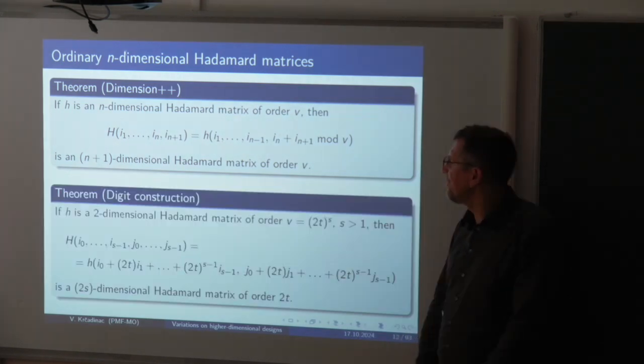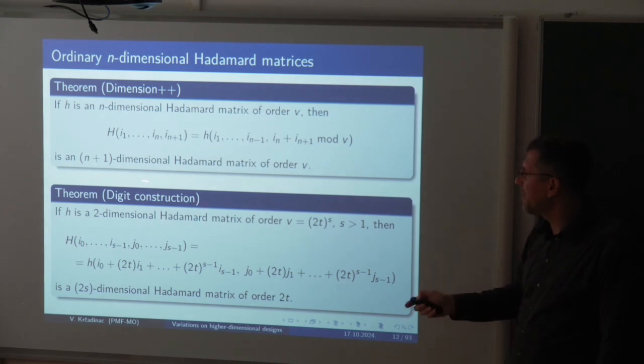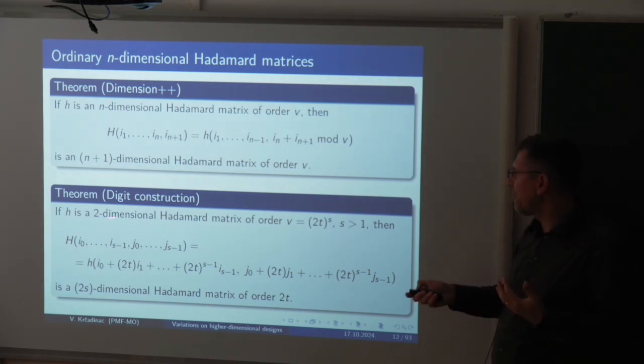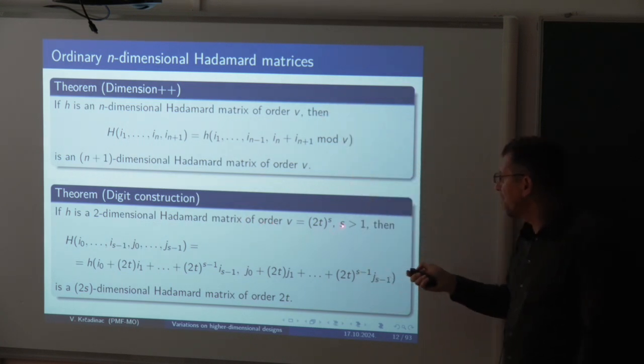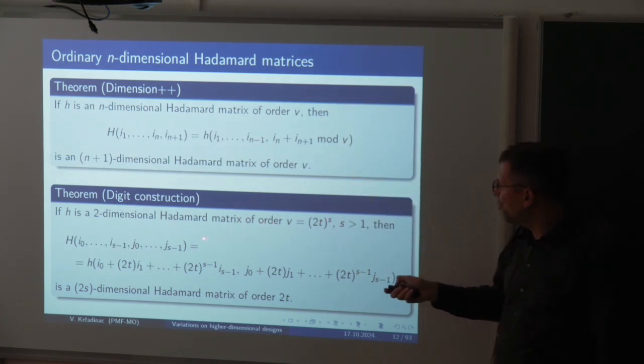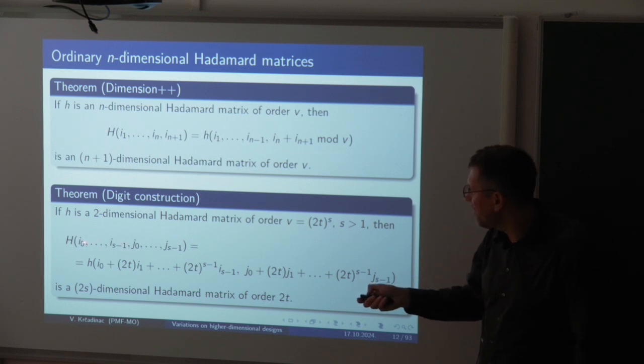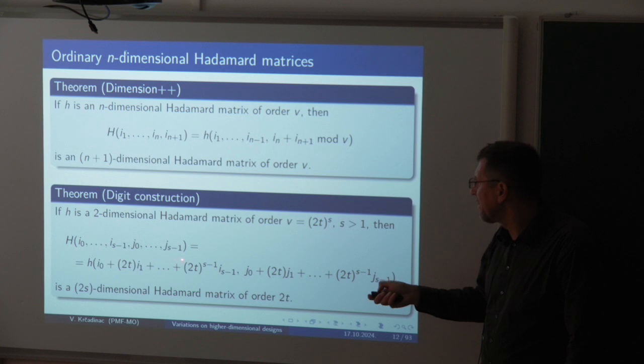So you have to start from a higher dimension if you want these orders that are 2 mod 4. There's another construction, which I call the digit construction, where he takes a two-dimensional Hadamard matrix and folds it up into higher dimensions. So it has to be of a specific order. And what you do is you interpret these indices as digits in base 2t here, and that's why I call it the digit construction.